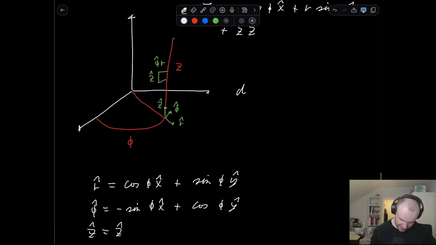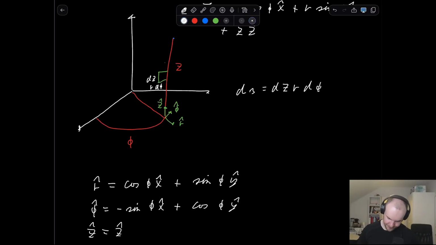Oh, not z hat, that doesn't make sense. Of course, that's just dz, and d phi multiplied by r. So ds is just dz r d phi, like that. Perfect. And if you actually want a vector, this is just in the r hat direction, so you can do that as well.